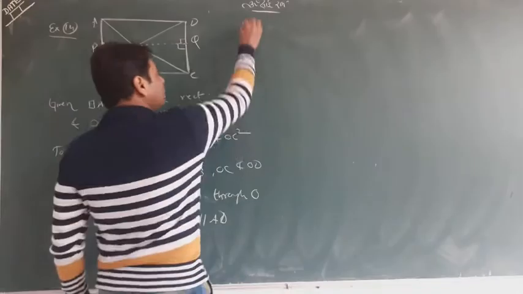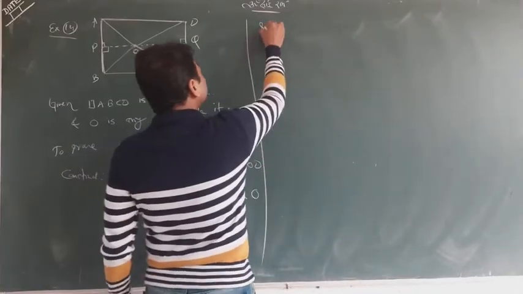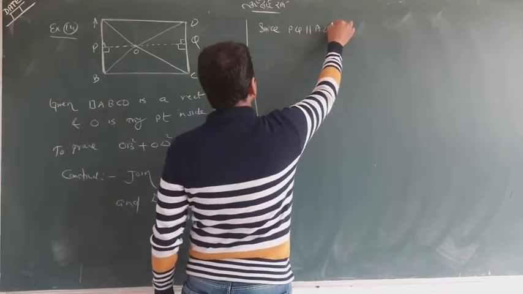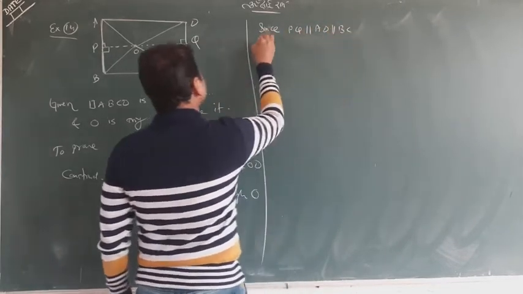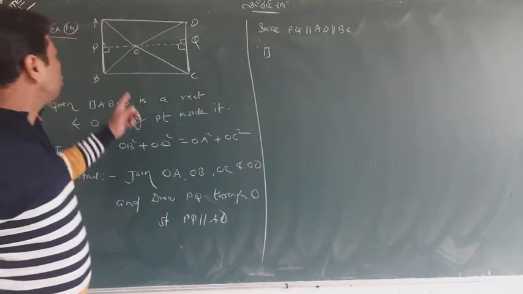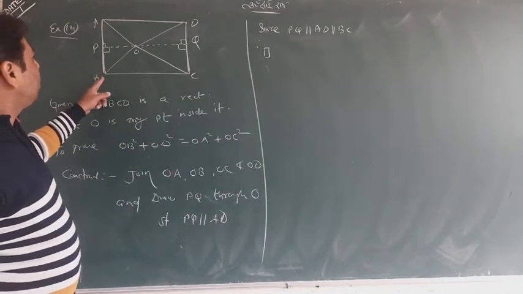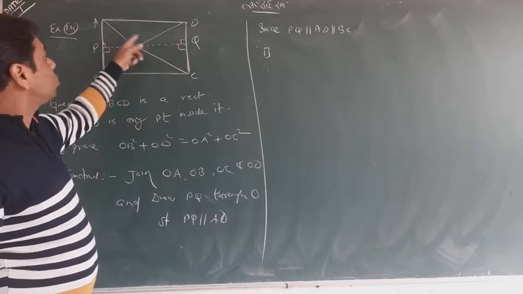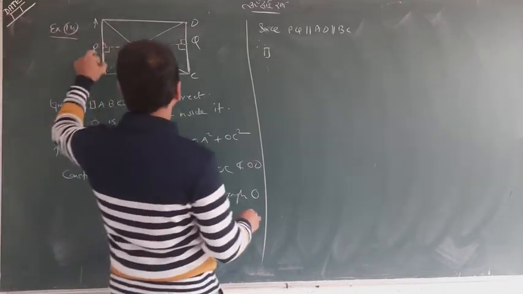So I'll write something here. Since PQ is parallel to AD is parallel to BC, definitely according to the question this angle is 90 degrees, this angle is also 90 degrees.